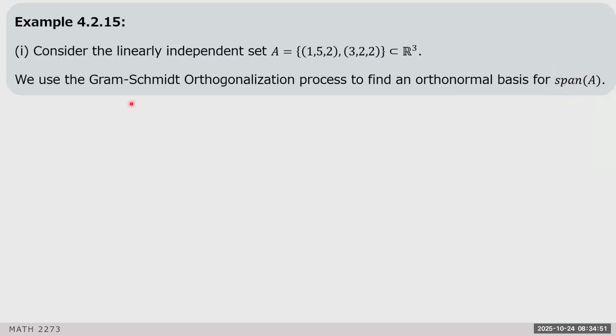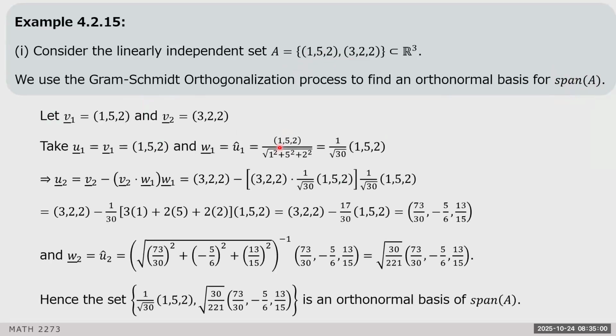Essentially we're just going to use A and plug that into our Gram-Schmidt machine. We're going to label these vectors: V1 as the first one and V2 as the second one. According to the algorithm, I need to calculate U1, which we take equal to V1.